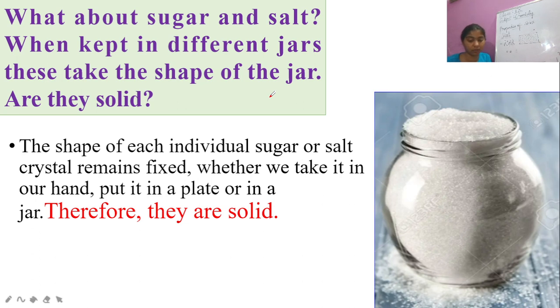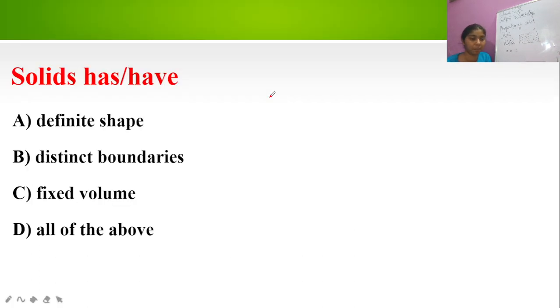Okay, so let's see next. Students, you have to give me the answer. Solids have definite shape, distinct boundaries, fixed volume, or all of these. So what is your answer for it?